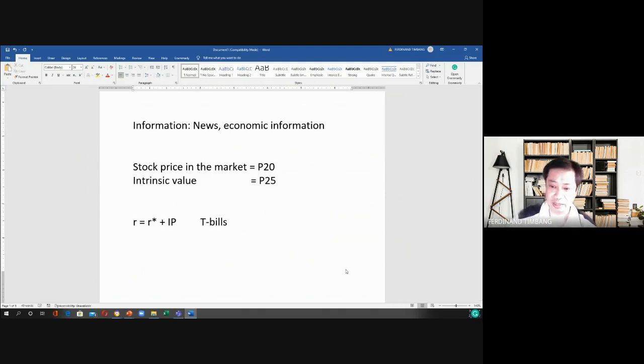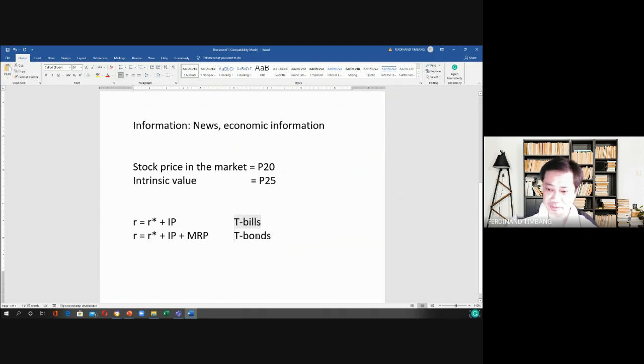Now for the treasury bond, no? The formula is we have the R star plus the IP plus the MRP. So which is yung MRP natin is actually maturity risk premium. So meaning, the T-bonds is more risky than T-bills. No?